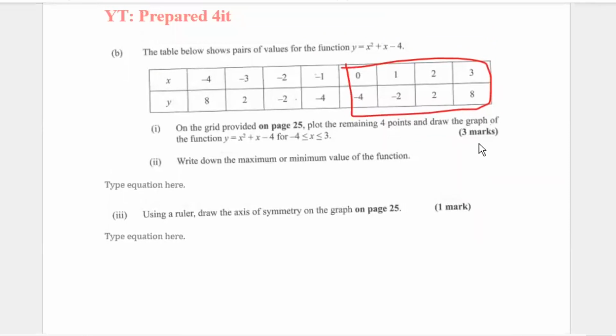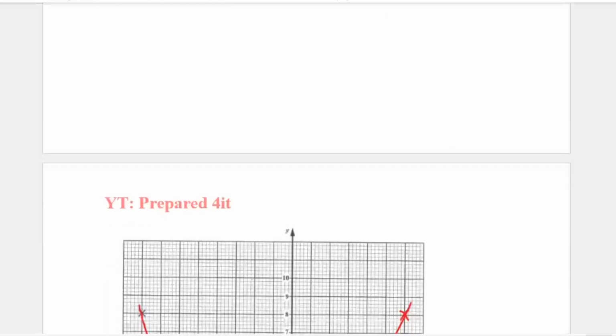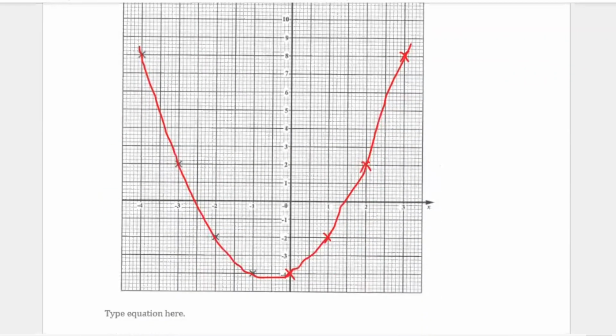Part 2 now says, write down the maximum or the minimum value of the function. Using our graph, we can get those, or you can work it out using the formula, but a graph is given, so why not choose the easier way out? Looking at this graph, what would be our maximum or minimum value? By the way, is it maximum or minimum?